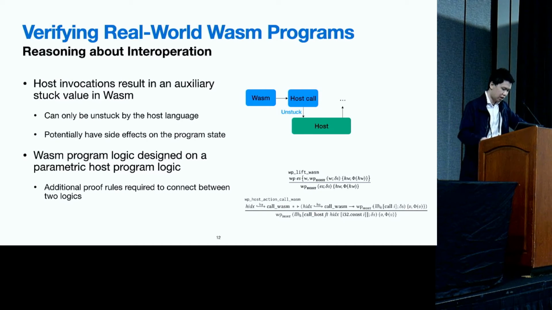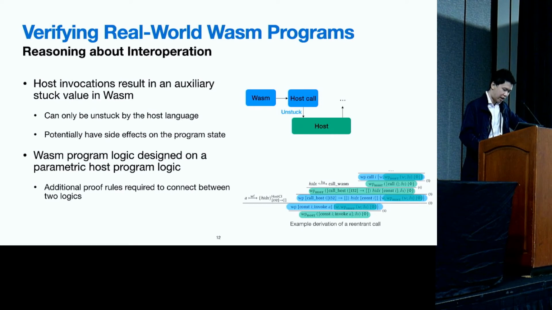And naturally, some additional proof rules are then required to connect between the WASM and the parametrized host logic. As a result of this design choice, a derivation of a general specification involving a reentrant WASM call can bounce between the two logics for many, many steps indefinitely.